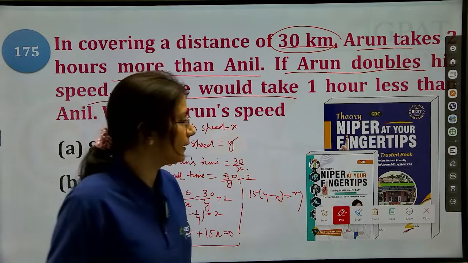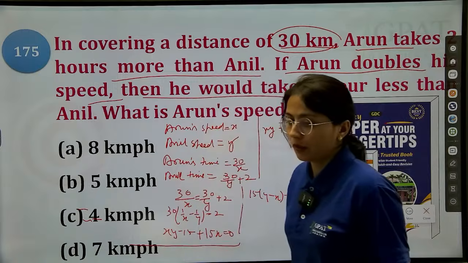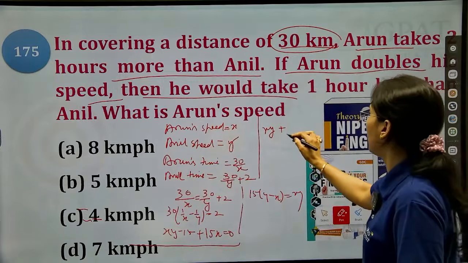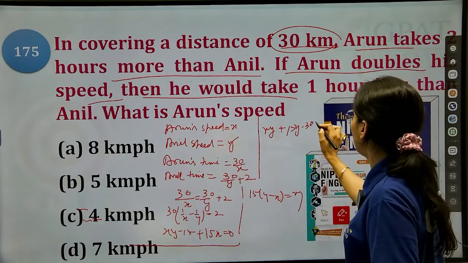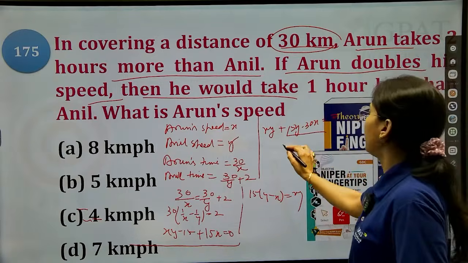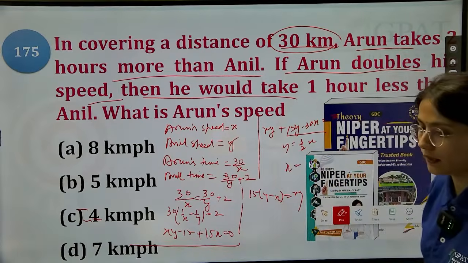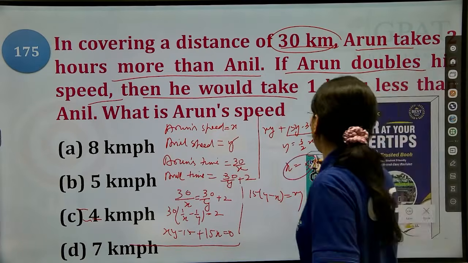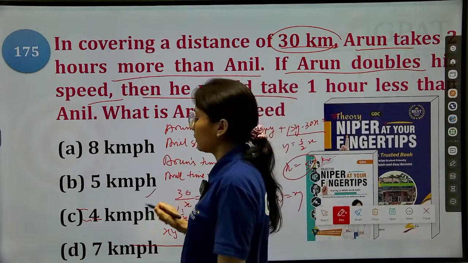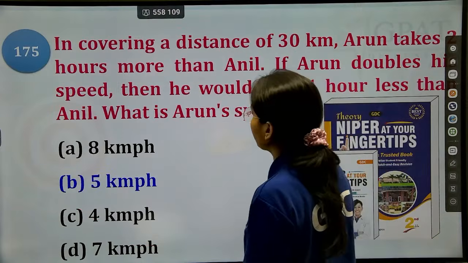And the second is xy plus 15y minus 30x is equal to 0. When we solve, we will get our value of x. Y we will get that is 3 by 2x, and x is 5. So x is 5 kilometer per hour. That is option number B is correct.